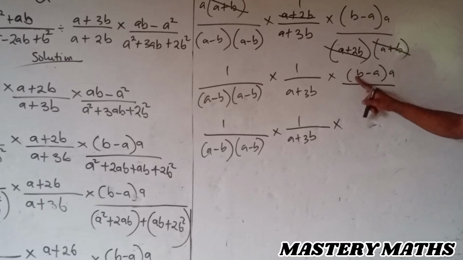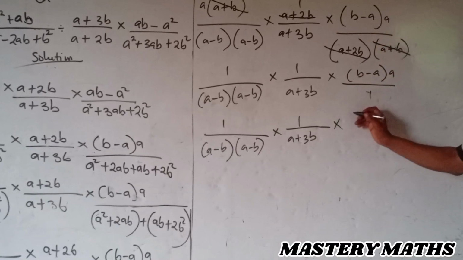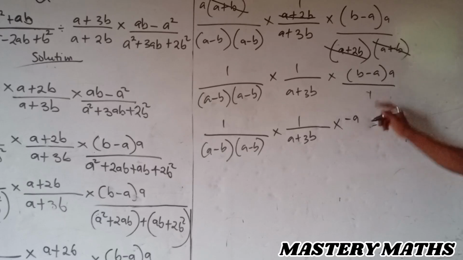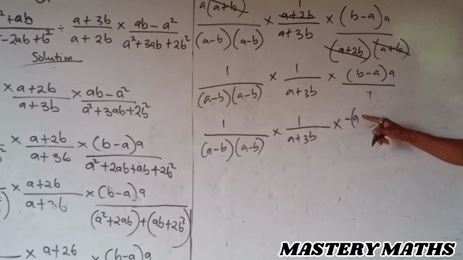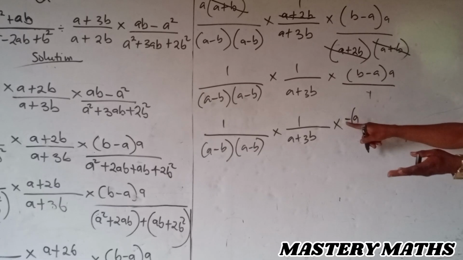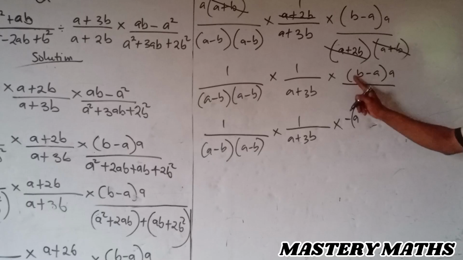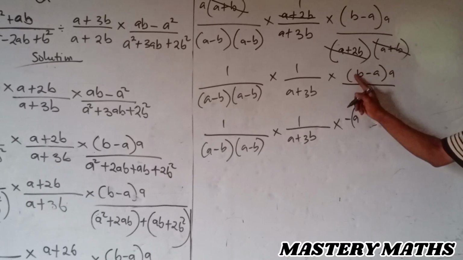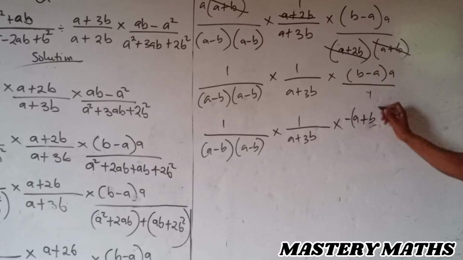Now this is a positive B. If minus A comes this way, the positive B comes inside. We arrange it. How? You have your minus A here. This minus A goes to the back, so you put it in the bracket. The minus is outside the bracket, the A is here, so minus times A is minus A. Now this is a positive sign here. It comes inside, becomes your B.